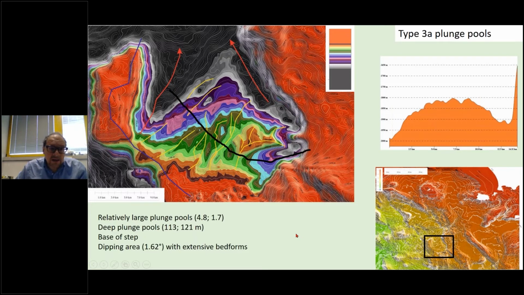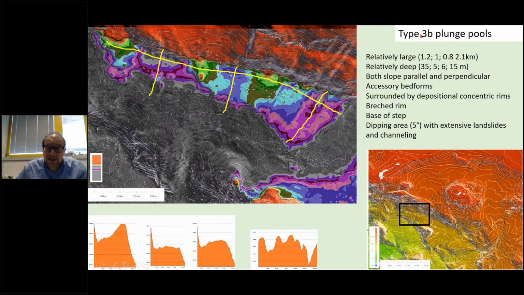And if you look at another type of what I call 3B plunge pool, again, we have these plunge pools which are at the base of this steep escarpment. And in this case, these are connected not with a fan, but with an erosional area.